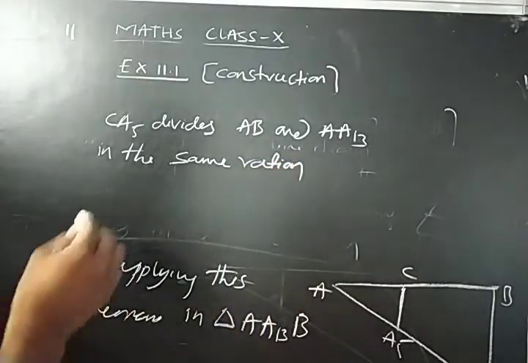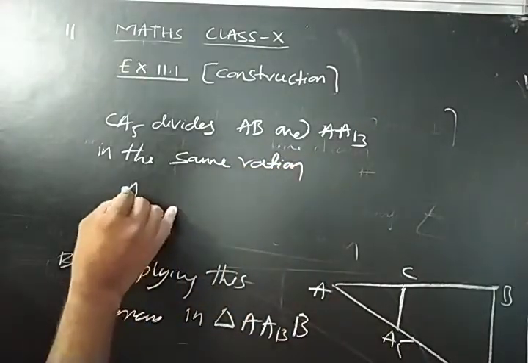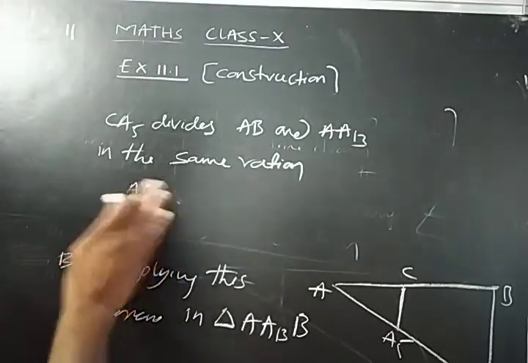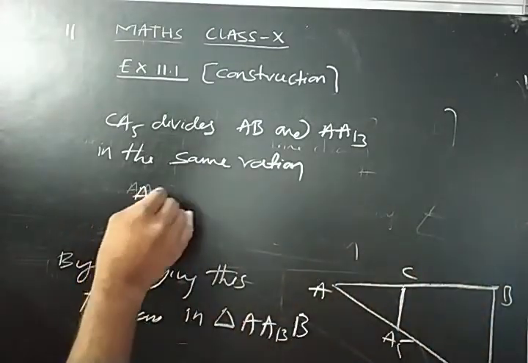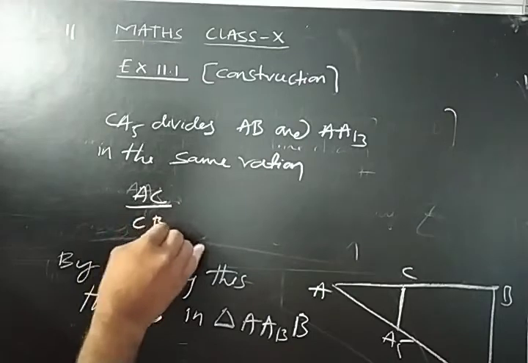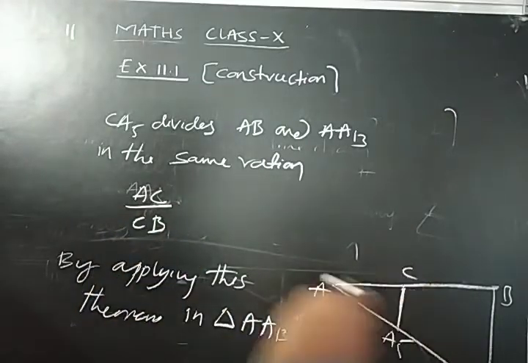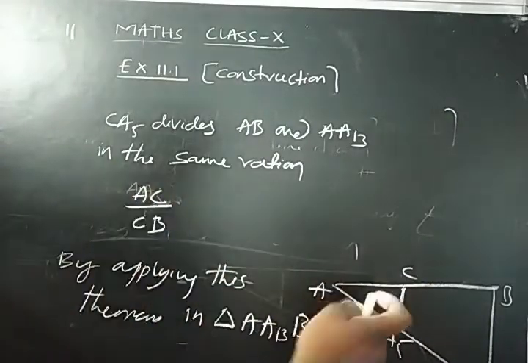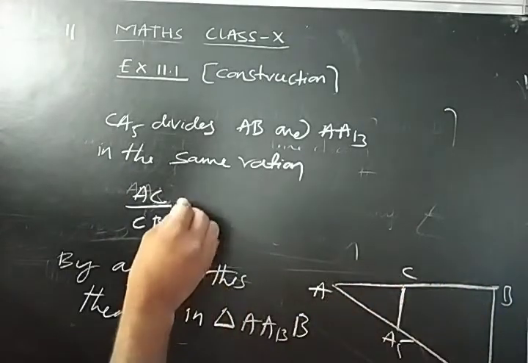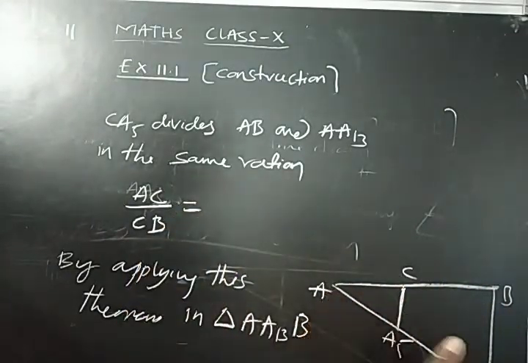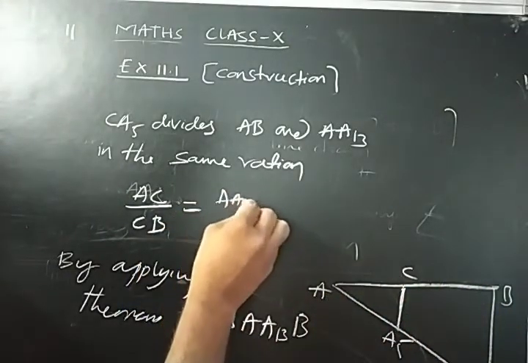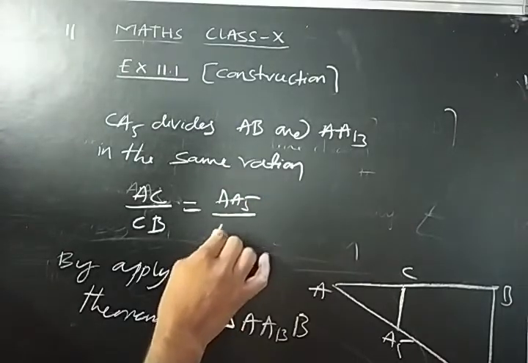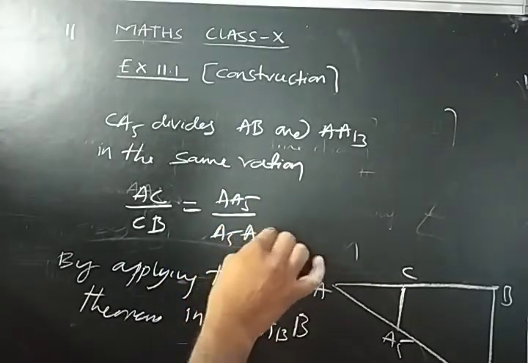Okay, so I am taking AC by CB. CA5 divides AB at C, no? So I am taking this ratio. AC by CB will be equal to A to A5 by A5 to A13.